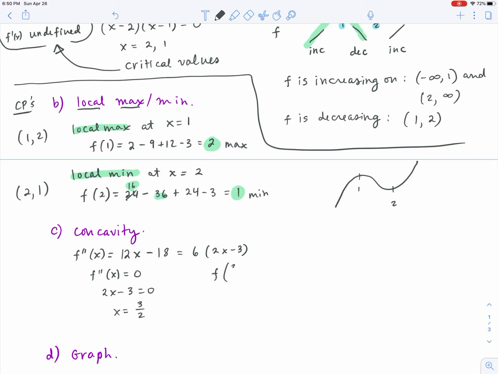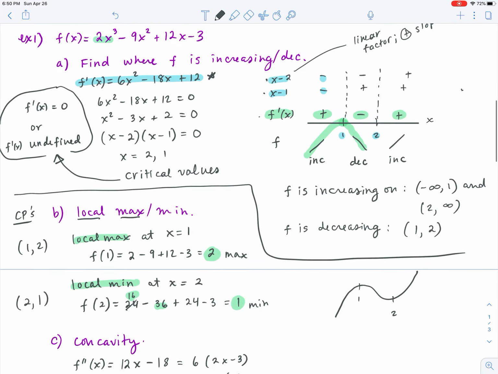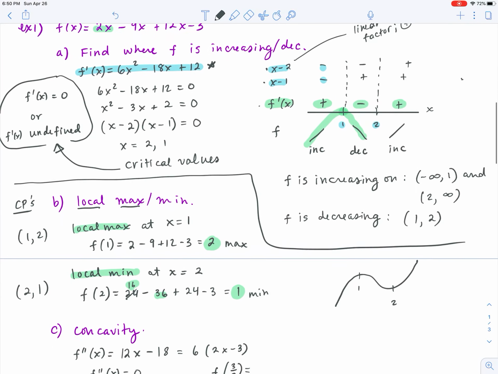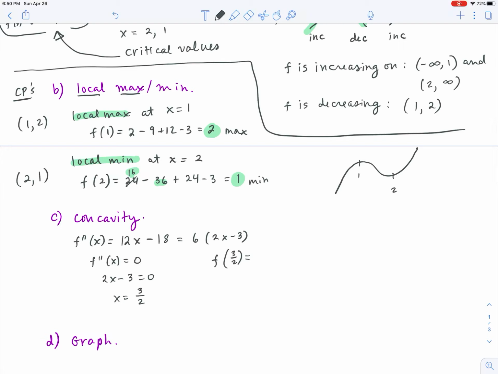F evaluated at 3 halves. I don't know. That's going to be, I should have calculated this one, but I didn't. It's okay. I'm going to go ahead and just skip right to the second derivative test.